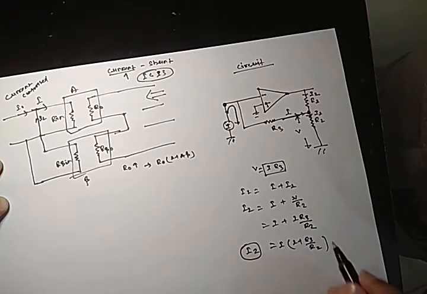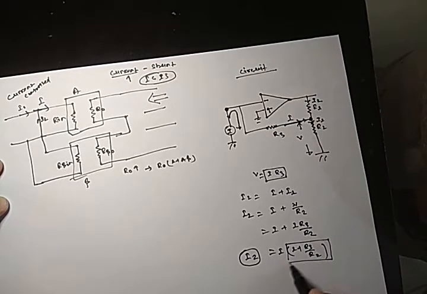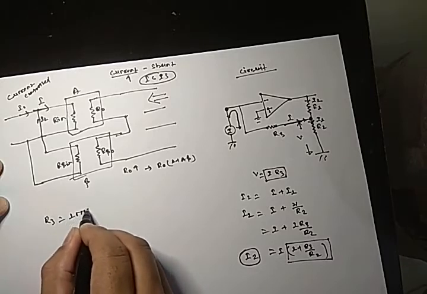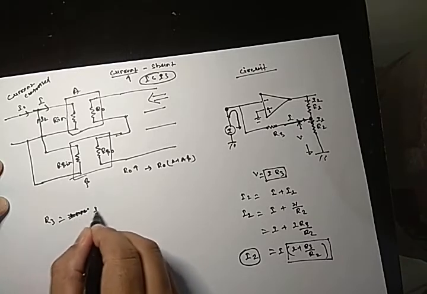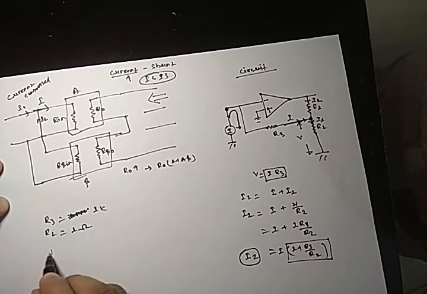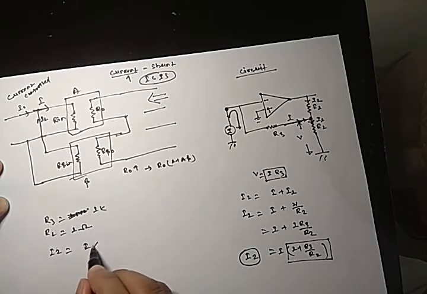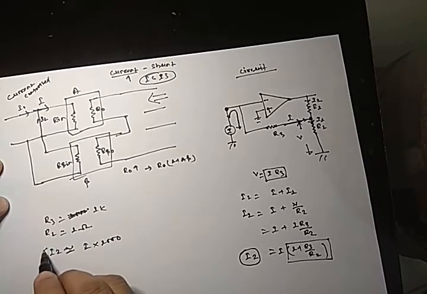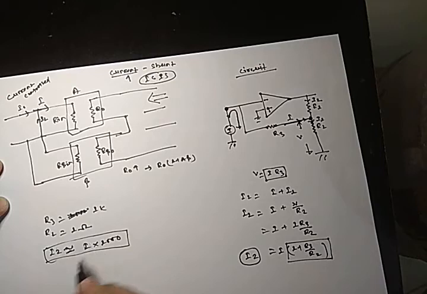This is what we are going to get, I2 as a constant, because this is a constant value. Suppose R3 is 1K and R2 is 1 ohm, then I2 will be I into 1000 approximately. So this is a current source.